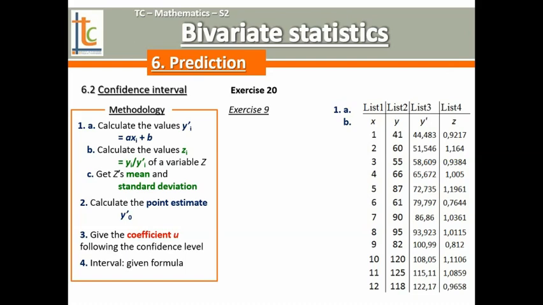For finishing the first point of the methodology, you have to be able to get the average value and the standard deviation of this variable. For the first time, and the only time in this chapter, you have to ask your calculator to perform one variable statistics, because you're just interested in the result of list 4. So you just have to ask it to a calculator, and then the results will be a mean that is very, very close to 1.